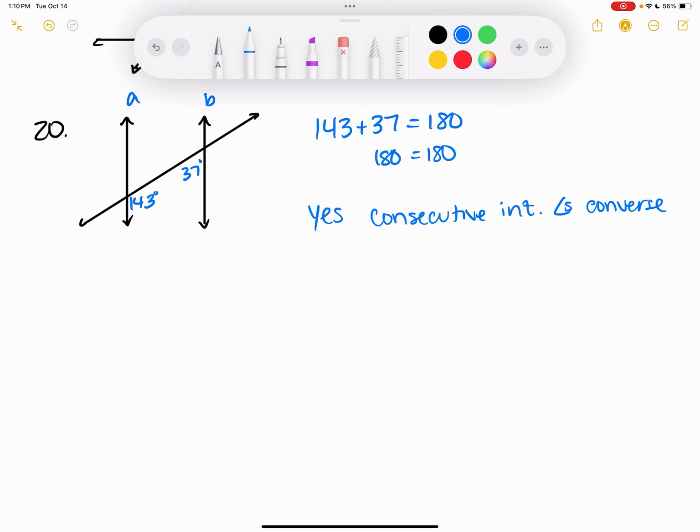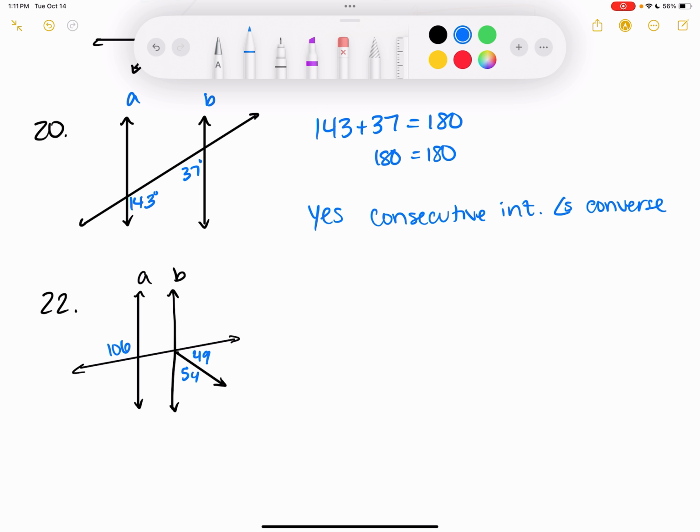Let's see. This one's interesting. 22. Alright, so this one's a little bit different.